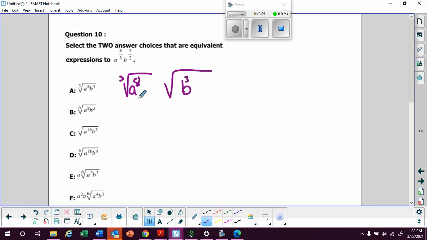So I can take this out as, for example, a to the power of 6 and a squared. So this is going to be, okay, let's see.